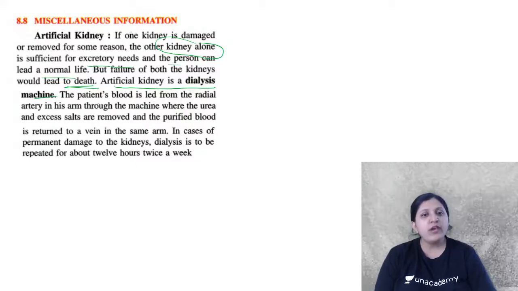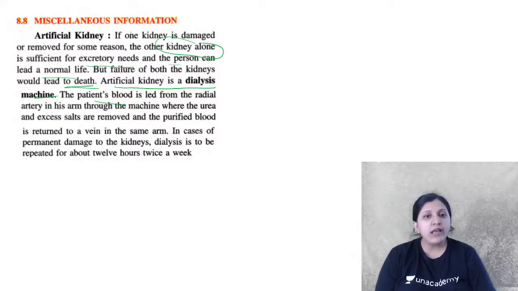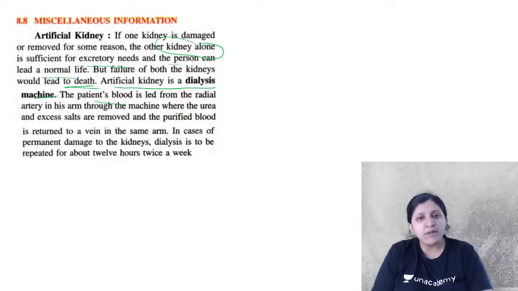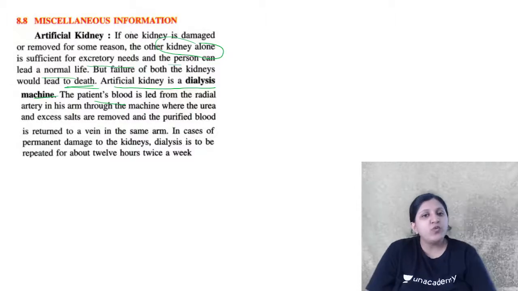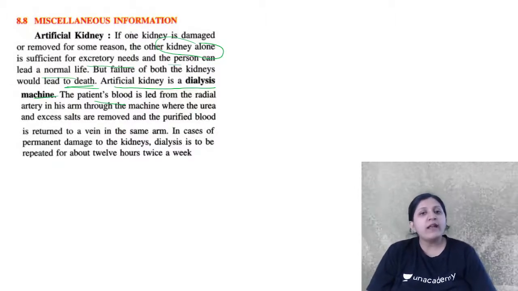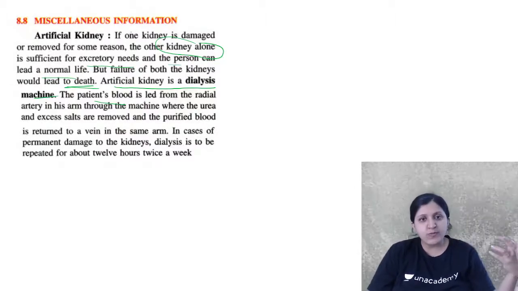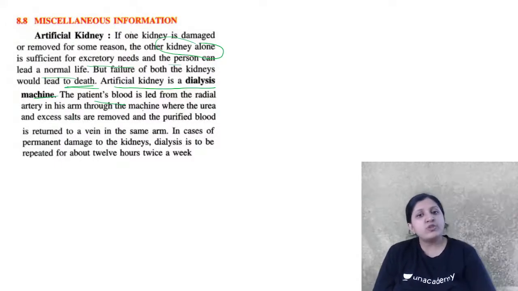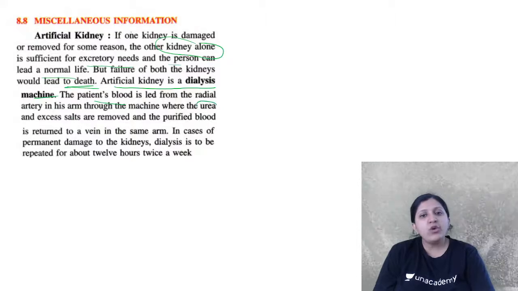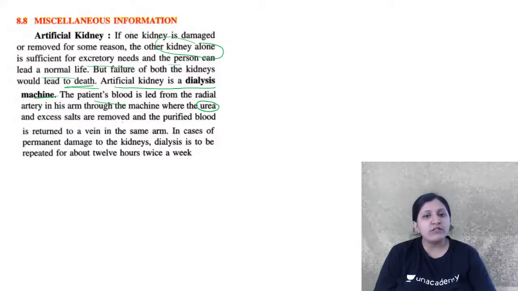So here, the patient's blood is led from the radial artery in his arm through the machine, where the urea and the excess salts are removed.